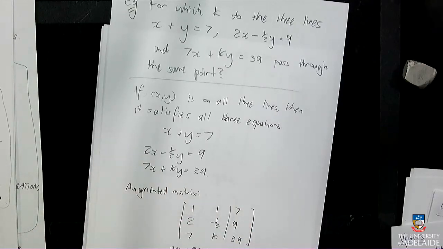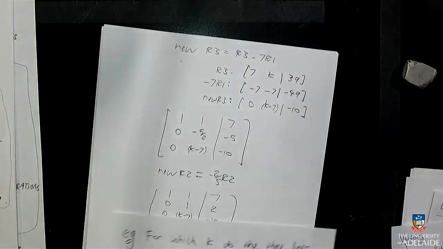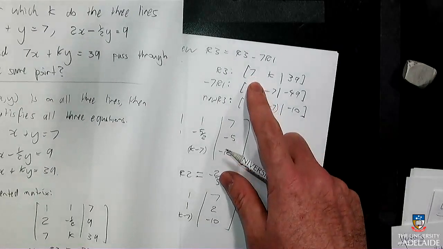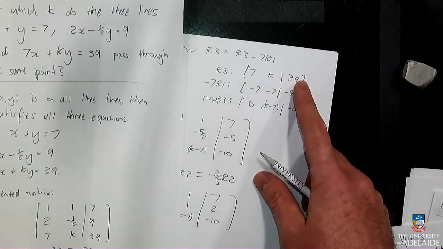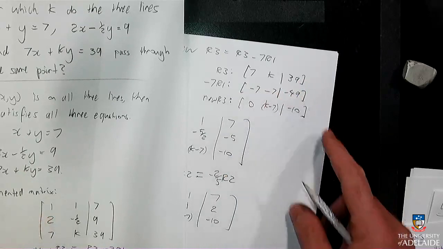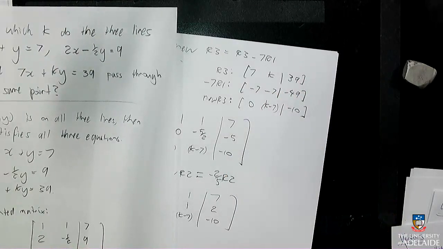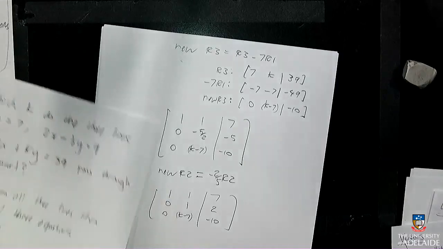Minus 2 minus a half is minus 2.5, which is minus 5 over 2. Yeah, that's fine. So 3 is 7k, that. Minus 7 minus 7 minus 49. Nope, it's all working fine.